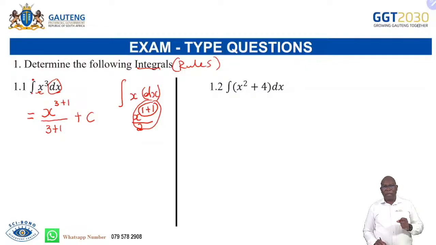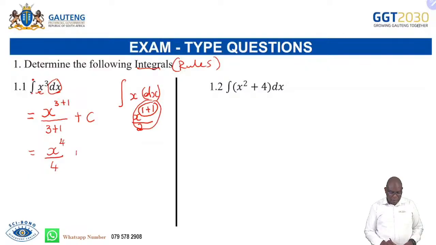We don't know what constant has been differentiated. That's why we always put a c for indefinite integrals. So there I'm going to have x to the power of 4 divided by 4, plus c. Now I have integrated.